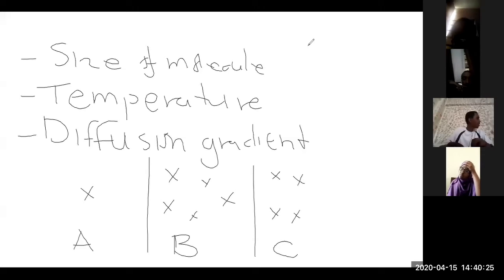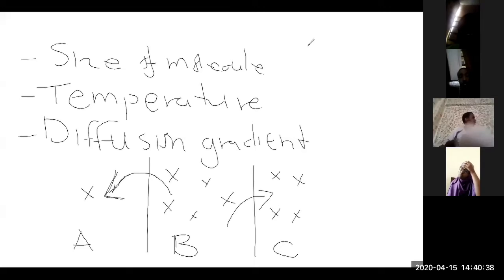So there are high chances that molecules will move from region B to region A faster than from A to B, because here we have a very low concentration. The difference in concentration is what we call the diffusion gradient. Here we have a higher diffusion gradient because the difference in number of molecules is wide, but here we have a lower diffusion gradient.